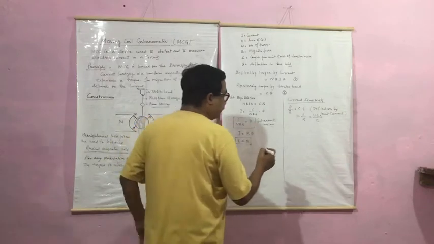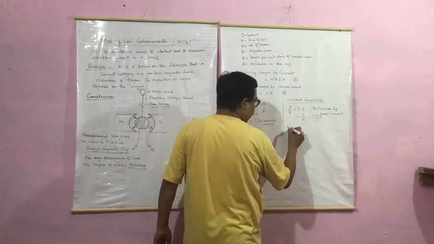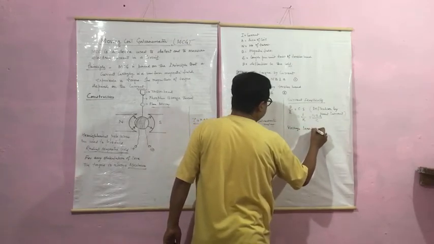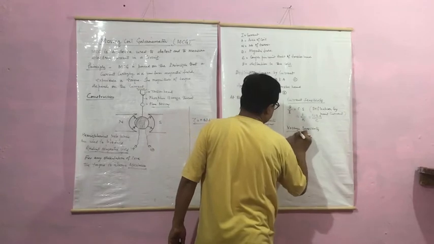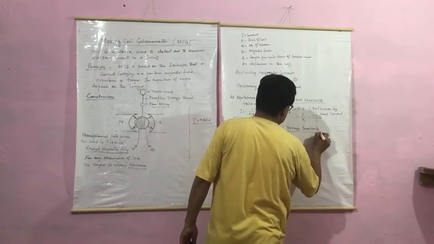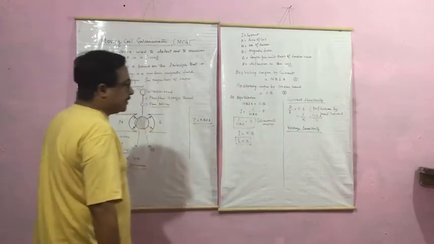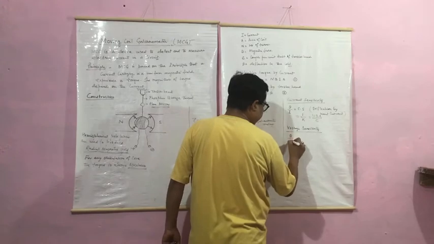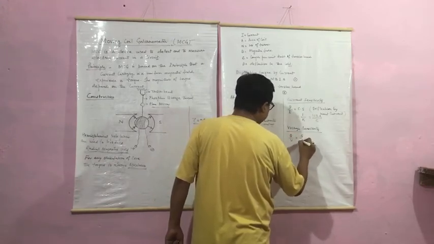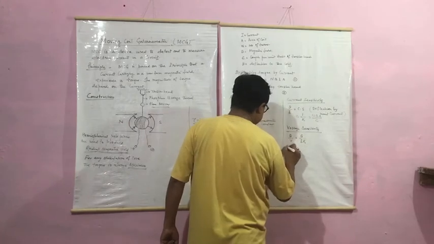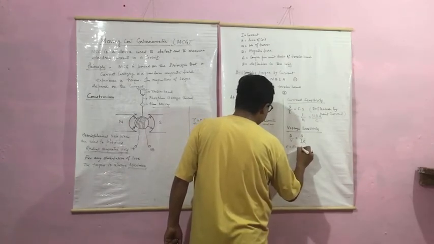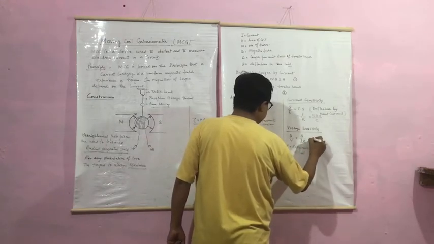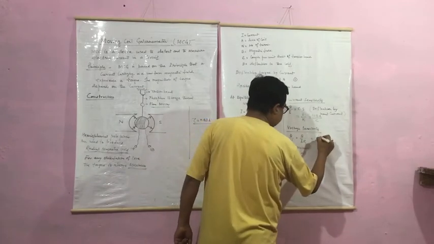Now the second term is voltage sensitivity. Voltage sensitivity, it is theta by V, and this can be written as theta by IR, where R is resistance of wire, coil, and theta by I is current sensitivity.